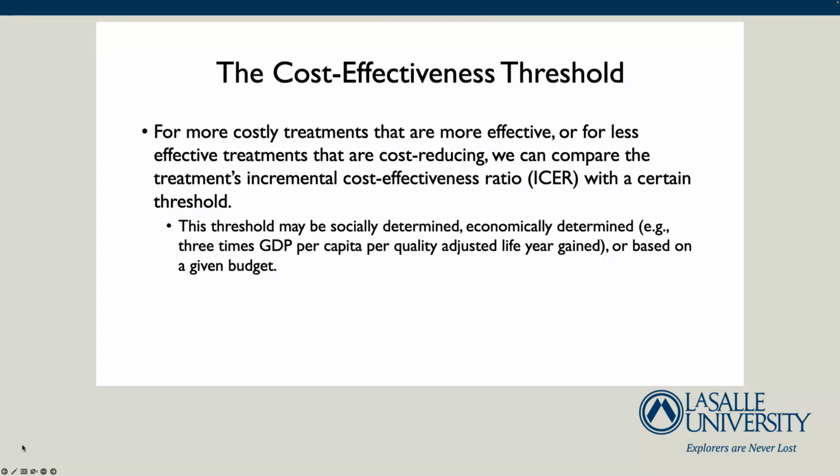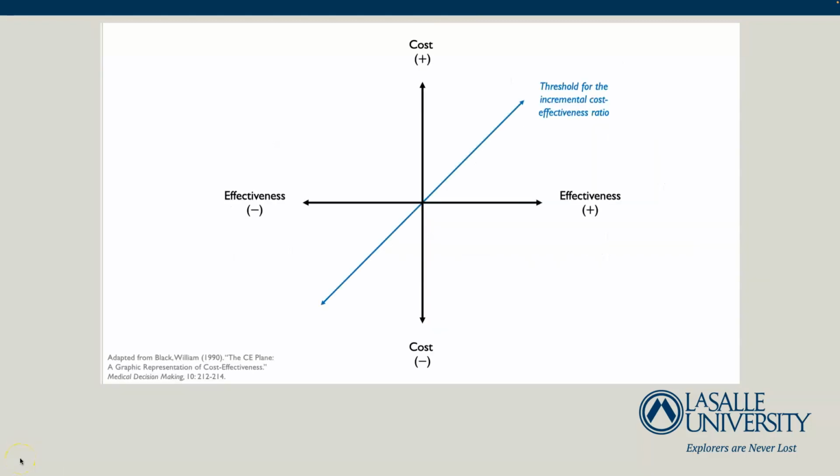And this threshold may be socially determined, economically determined, say 3 times GDP per capita per quality adjusted life year gained, or also based on a given budget, possibly for a public health department. So graphically, using this cost effectiveness plane, we can see the threshold for the incremental cost effectiveness ratio would be placed here.